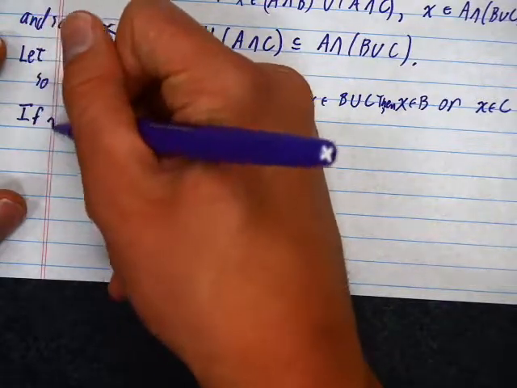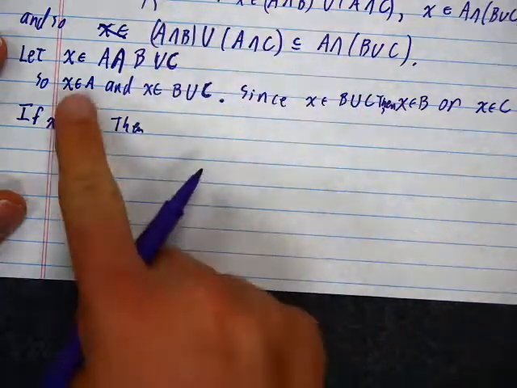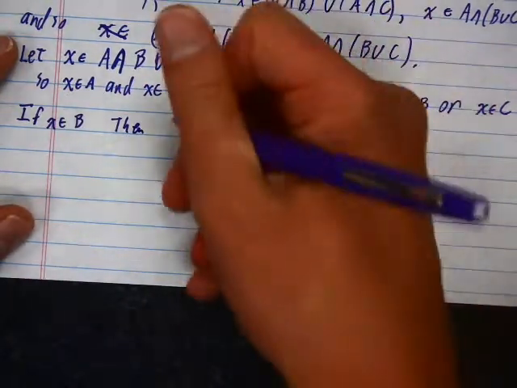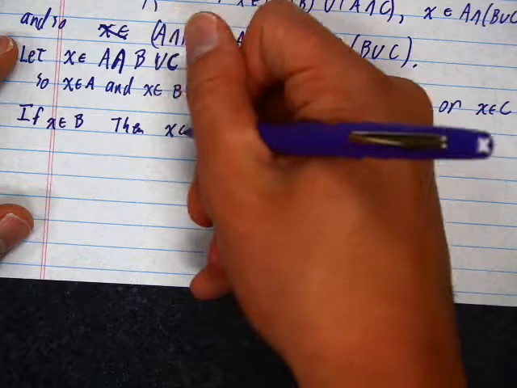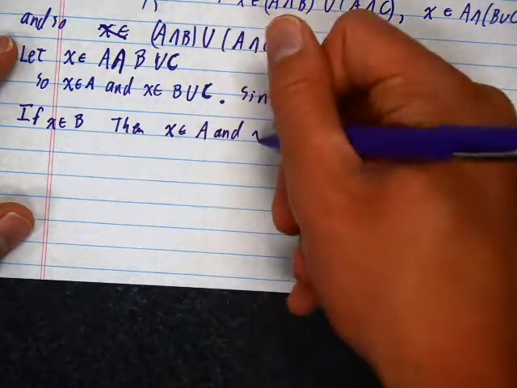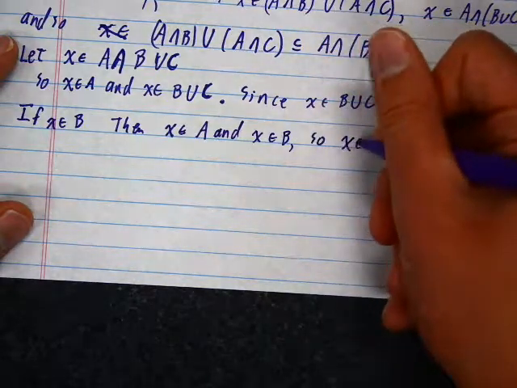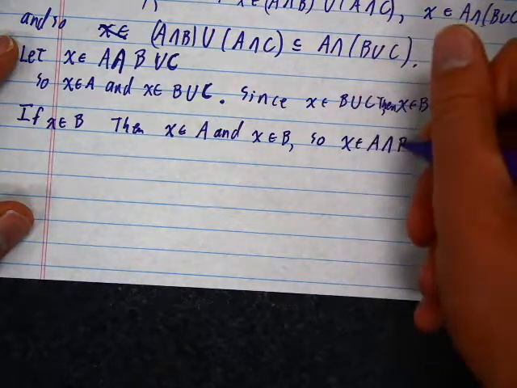If x is in B, then we have x is in A and x is in B. So x is in A intersect B.